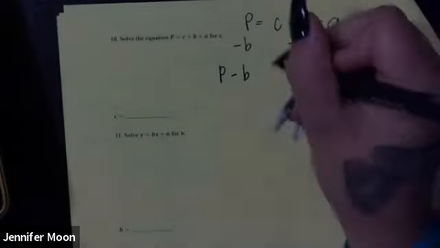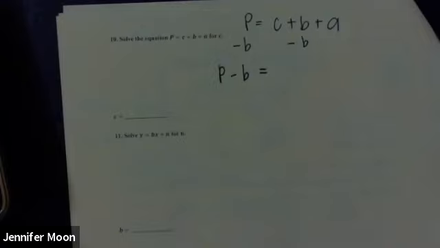Do y'all agree with me? Hopefully, P and B, those are not the same, right? They're both variables, but they are not the same variable. So you can't actually do math here, right? So what you do is you literally just write your P and you just write your minus B equals. Now say it was P plus 2P.